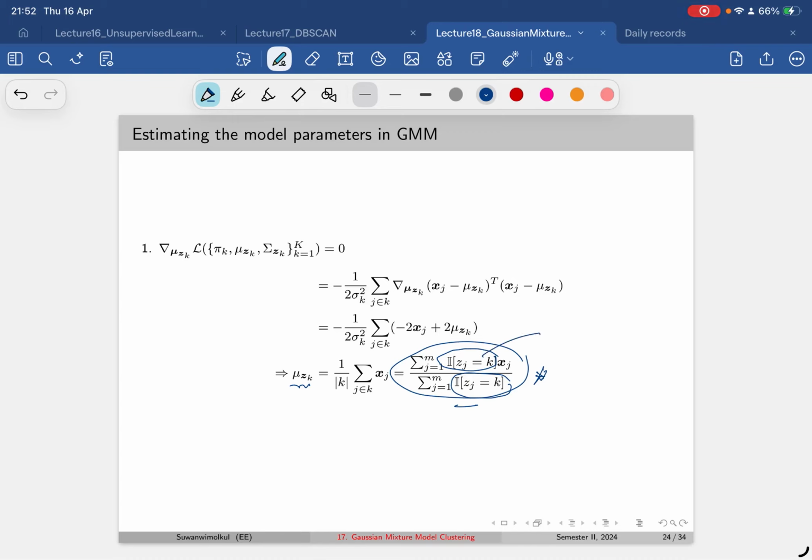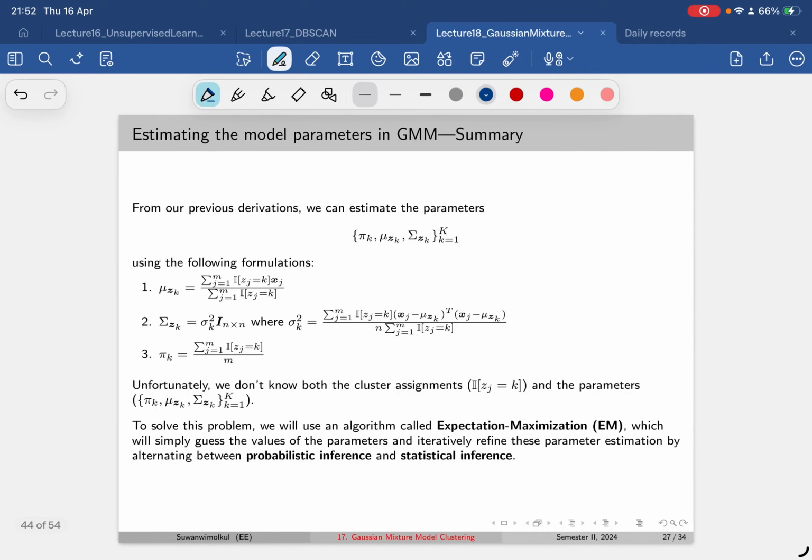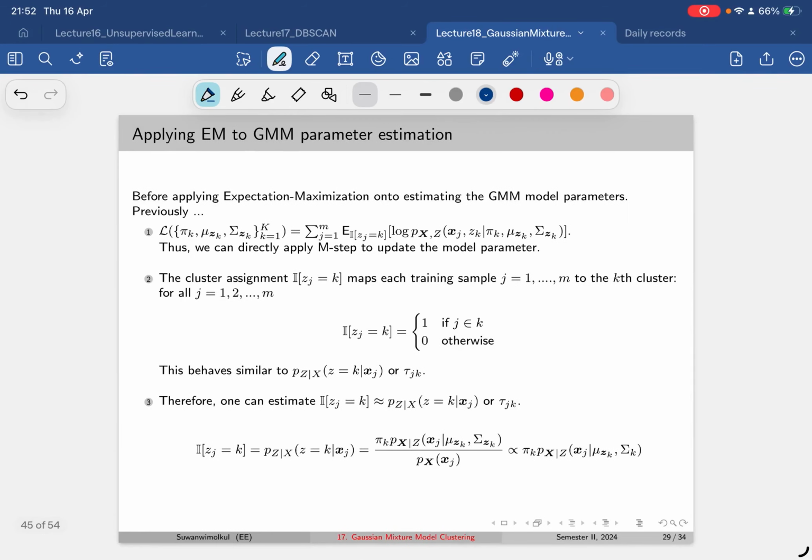This is where you may use the tau jk to reassign them. This is close to the whole entire step that you have. So this is still the formulation. Here is the step: first you calculate the cost function.